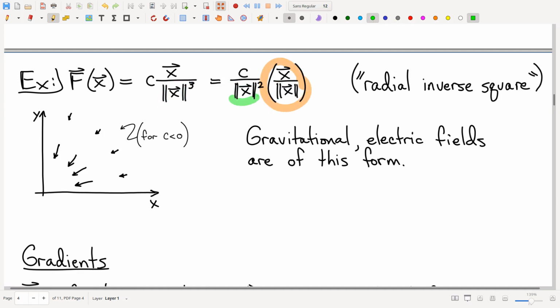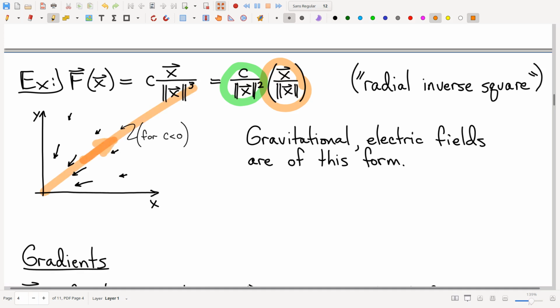and a scalar. And this is a really nice way to write vectors. If you can write a vector as a unit vector times a scalar, then the unit vector tells you the direction and the scalar tells you the magnitude. It's really nice. Well, assuming that magnitude is positive. So in this case, notice that the unit vector is always what we're going to call radial.